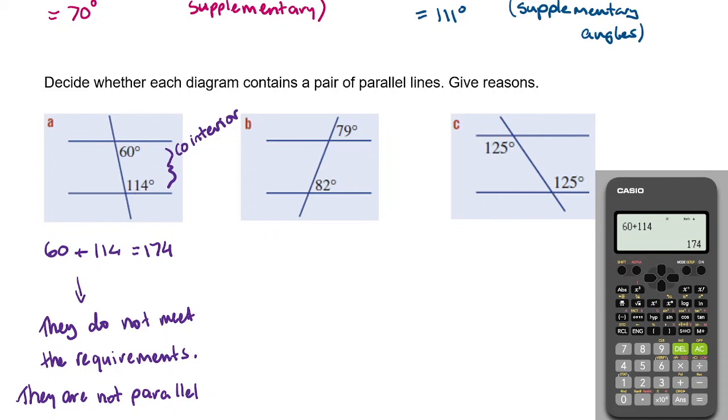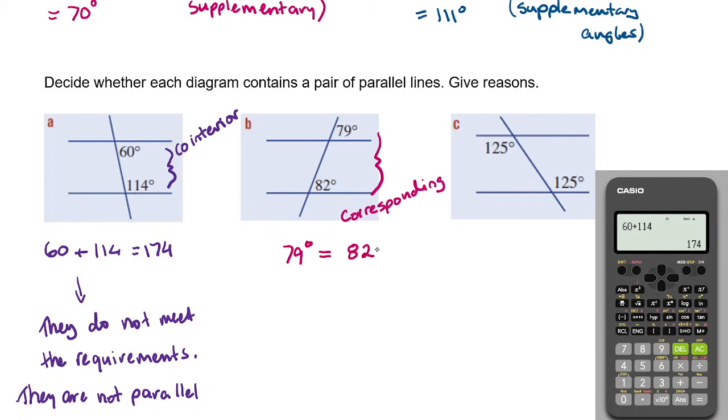Our second pair, we have corresponding angles. So they're in the same position on our lines. That's one of the three. We have 79 and 82.